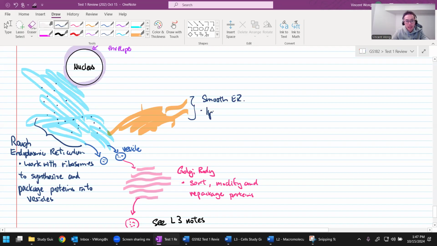They are for lipid synthesis or breakdown, also detoxification. So there you have it. That's the endomembrane system.